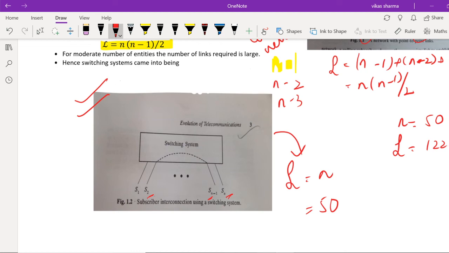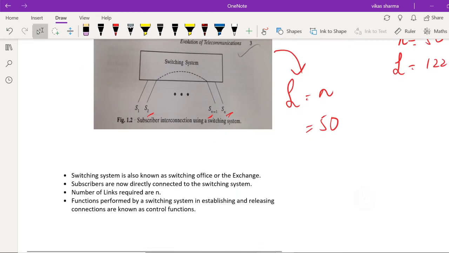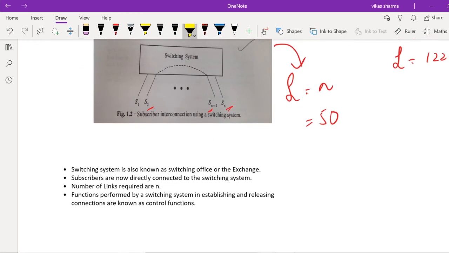This switching system also performs the control functions. Now what are control functions? Control functions are the functions performed by the switching system in establishing and releasing connections. All the subscribers are connected directly to the office, which is also called the exchange.